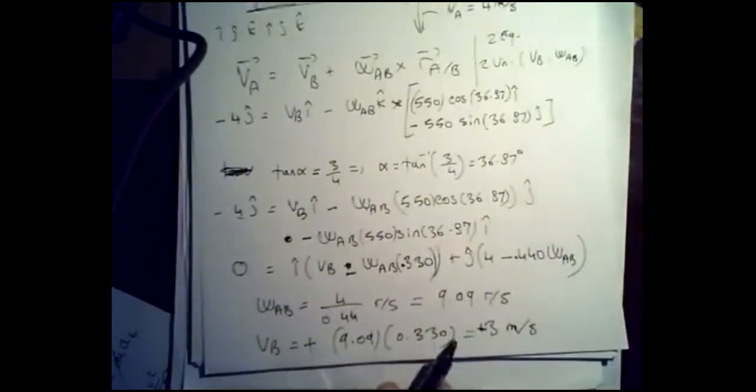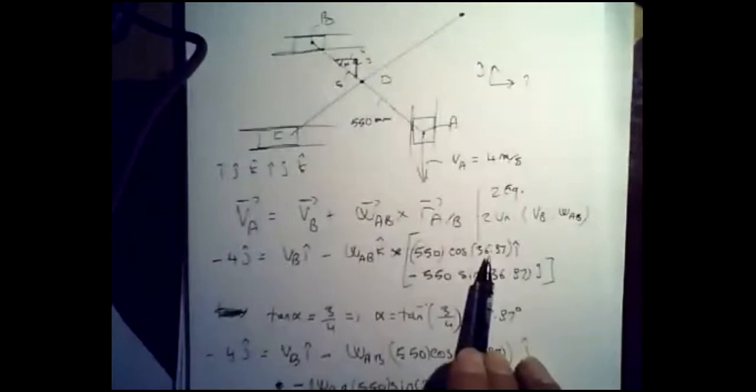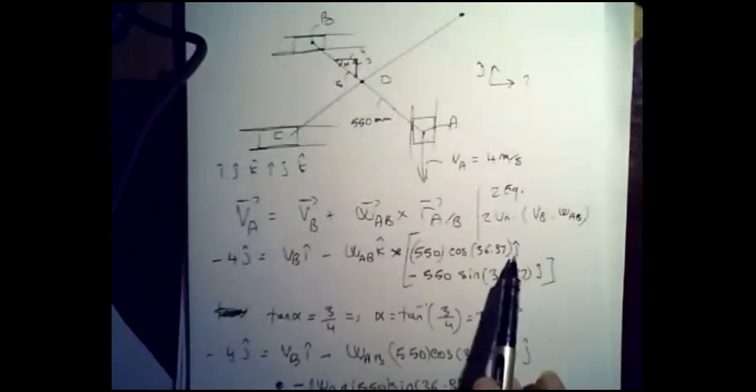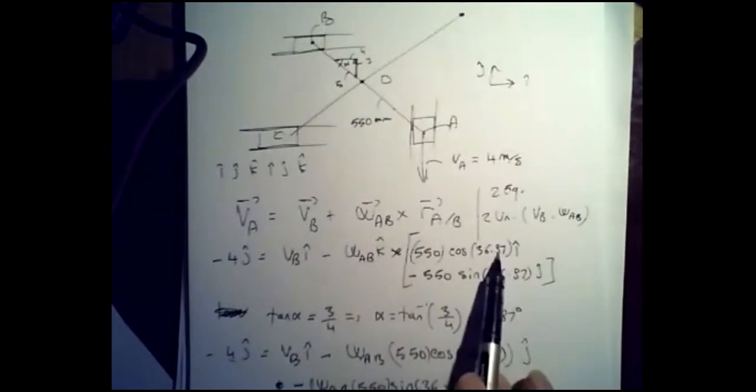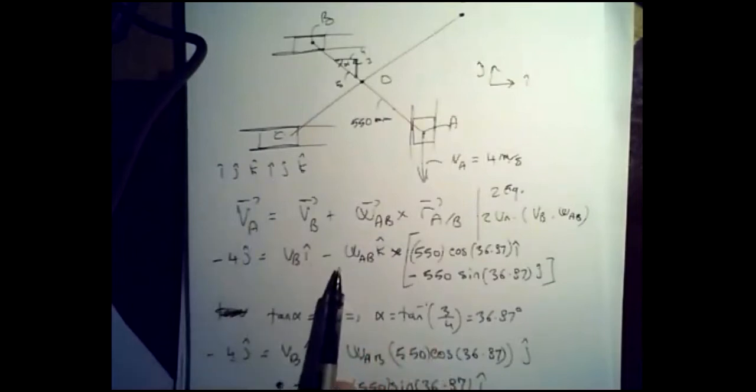Okay. And is omega AB also correct? Is that actually true here? How about here? K cross I is positive, right? K cross I is J, and we have the minus, so it's negative.